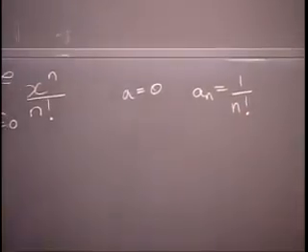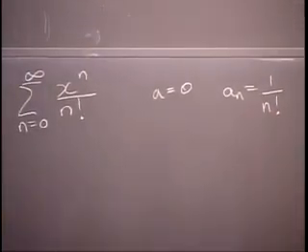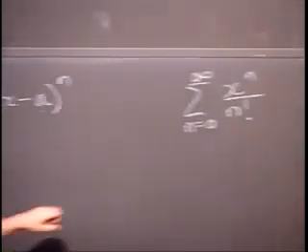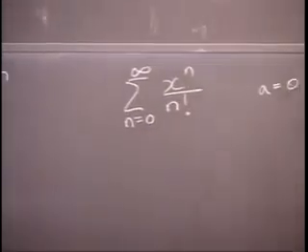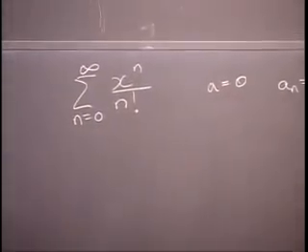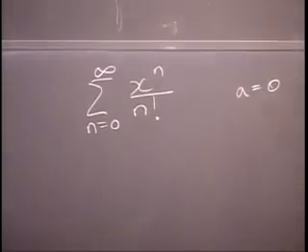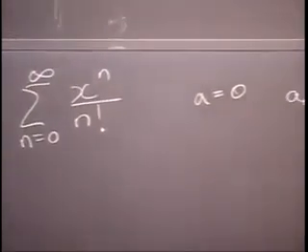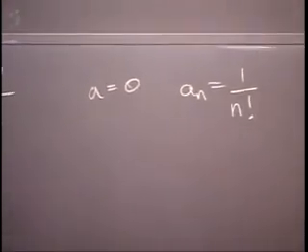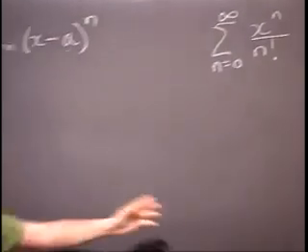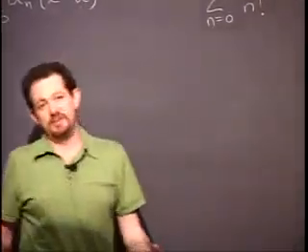If you apply those two rules and substitute in this general series, you get this particular series. And remember, for any value of x that you plug in, you get a different regular old series. And we're asking, for which values of x can you plug in and get a series that converges? In this case, the answer is all x.